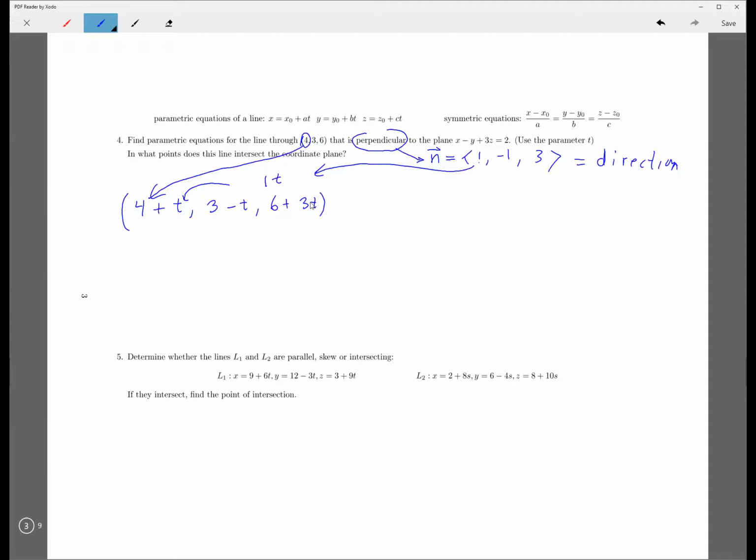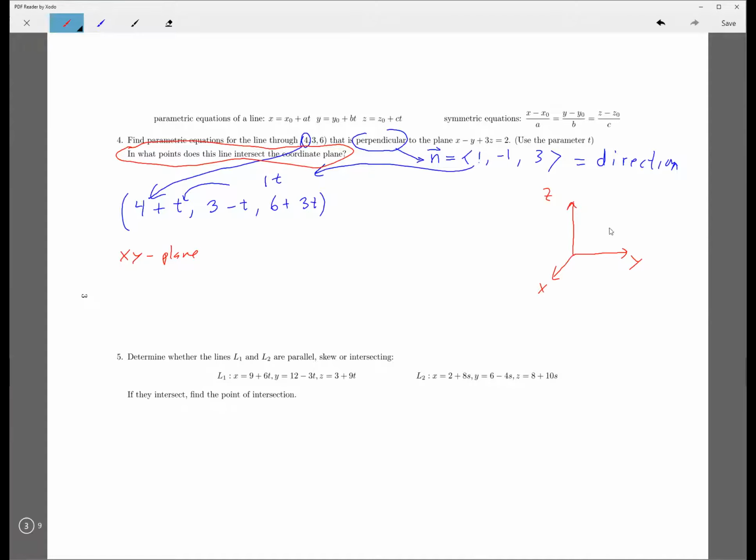Okay, good. Now, the second part, part B, says, at what points does this line intersect the coordinate planes? So the first one is, where does it intersect the XY plane? So if we think about this over here, we have the Y there, we have Z there, and then we have X coming out this way.